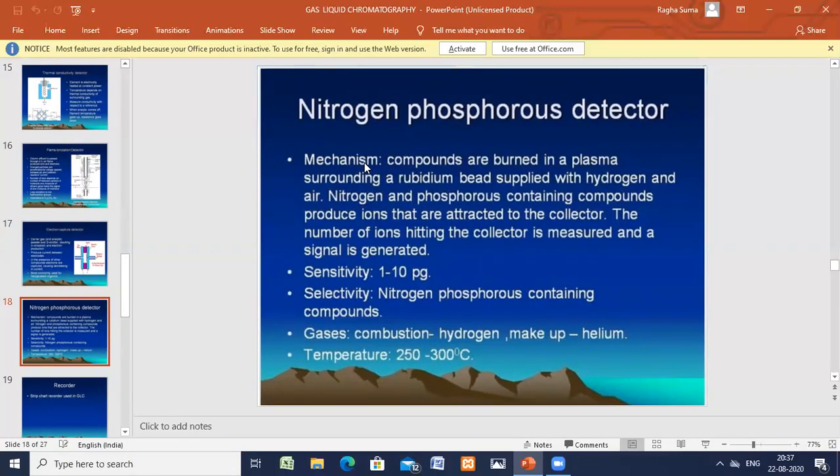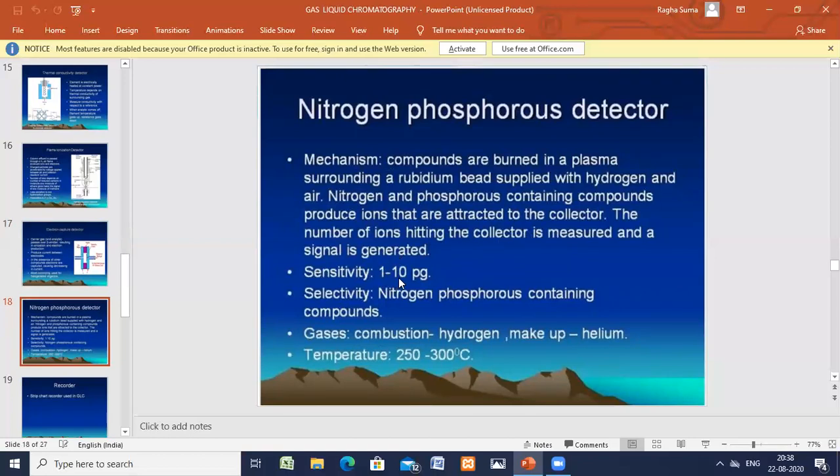Now we'll see the nitrogen phosphorus detector, how it functions. Mechanism: compounds are burnt in a plasma surrounding a rubidium bead supplied with hydrogen and air. Nitrogen and phosphorus containing compounds produce ions that are attracted to the collector. The number of ions hitting the collector is measured and a signal is generated.